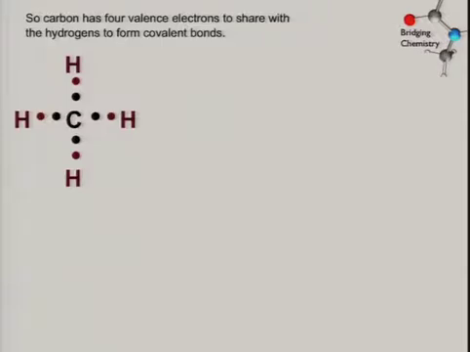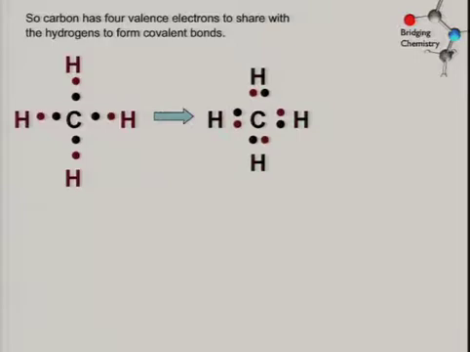And so that means you're going to have a situation like this, where you have 4 instances where a carbon is sharing a pair of electrons with a hydrogen. And so that means you can make 4 covalent bonds.